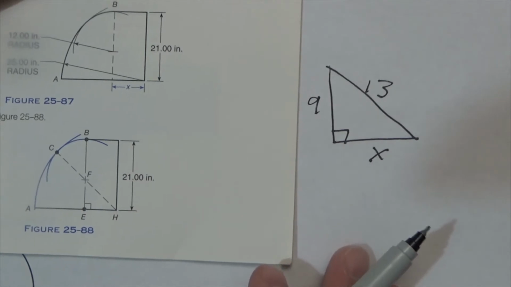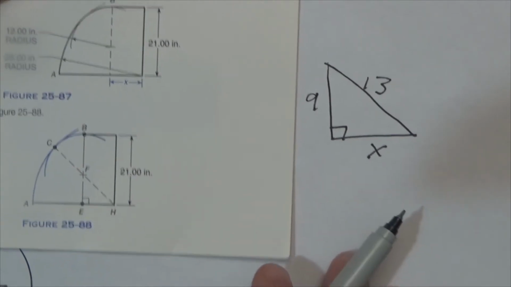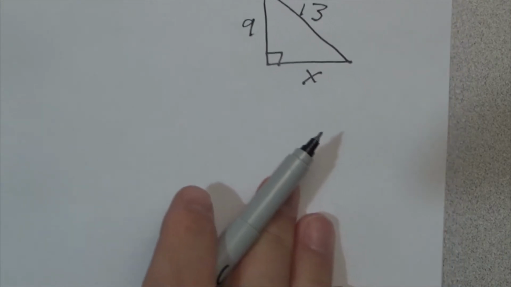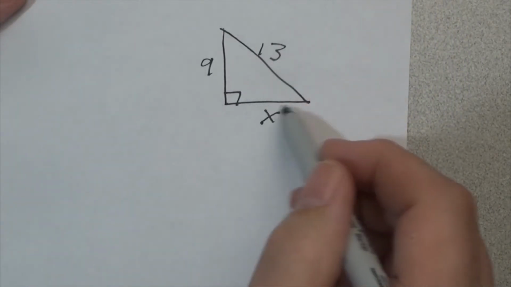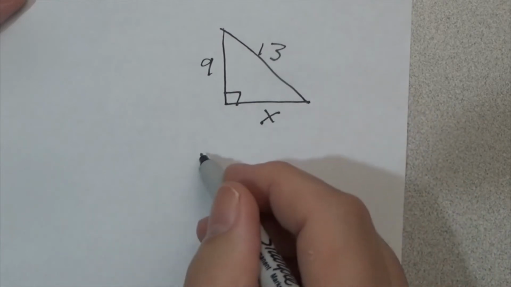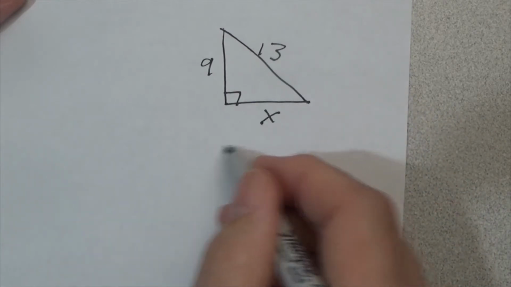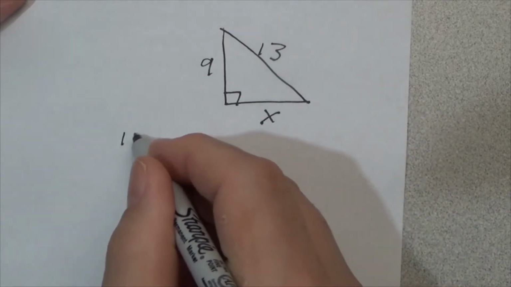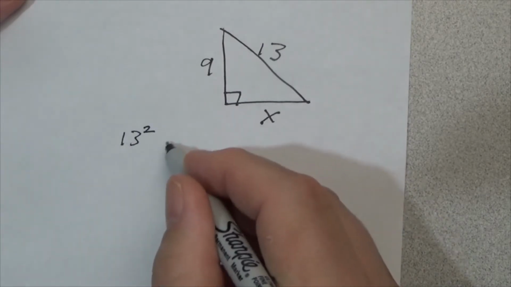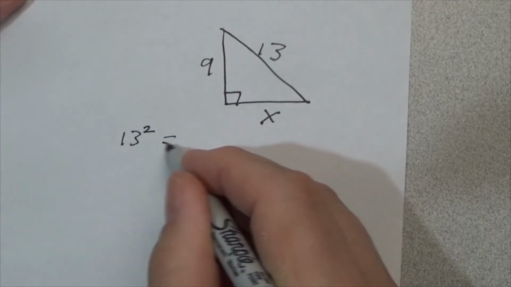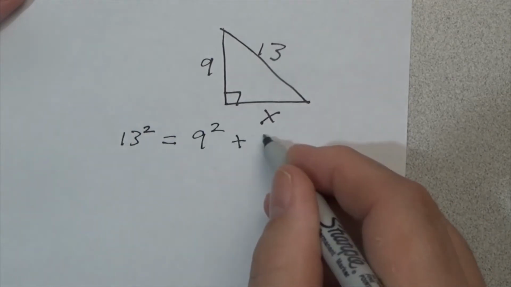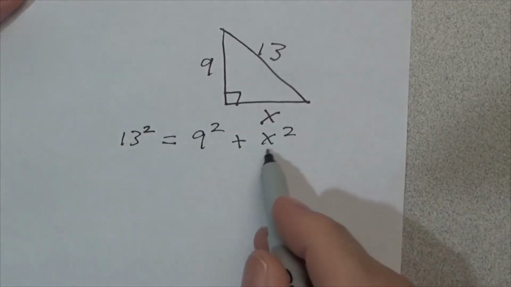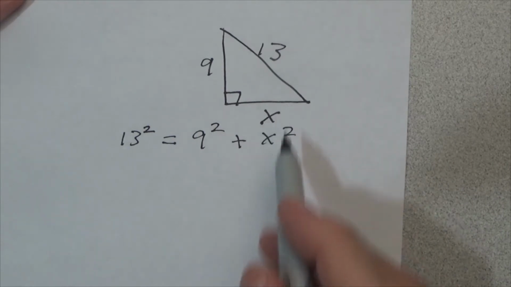Okay? So now that I've got the triangle with the information that I need, I can pull that away for a moment. So how do I find this? Remember the Pythagorean theorem. I'll just write it right out again. So it's 13 squared is equal to 9 squared plus x squared.